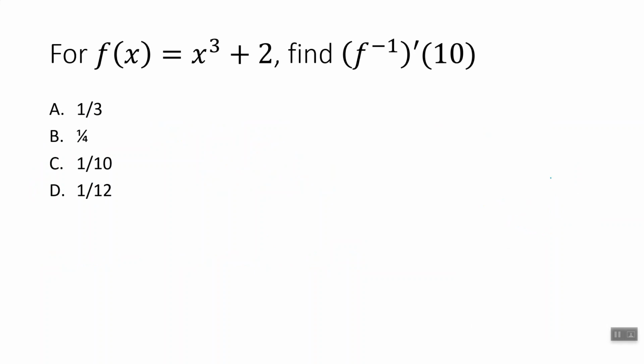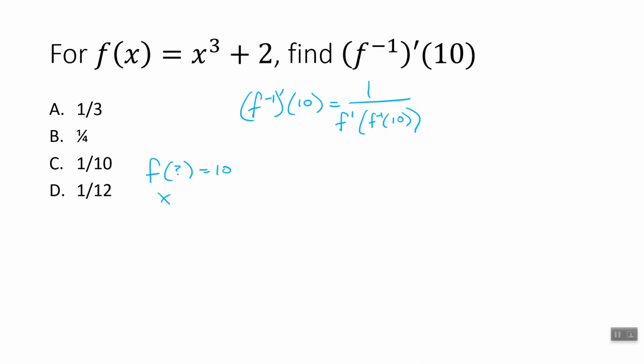All right, here's another one for you to try. If you want to pause it, that might be a good thing to do and give it a shot. But again, we're just going to try and follow the formula here. So it's 1 over f prime of f inverse of 10. To find f inverse of 10, we need to know f of what value is going to equal 10.